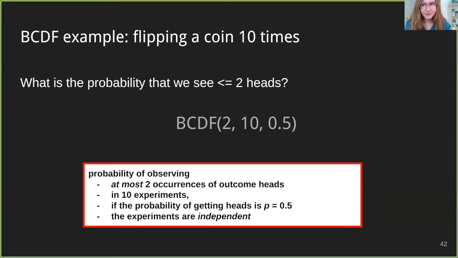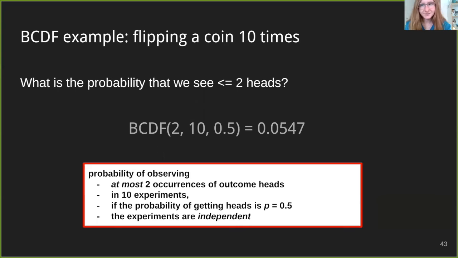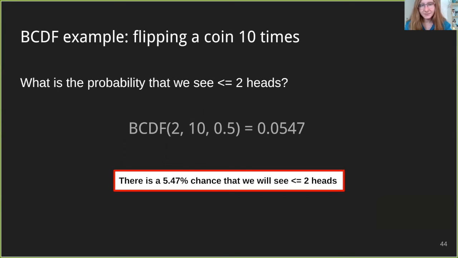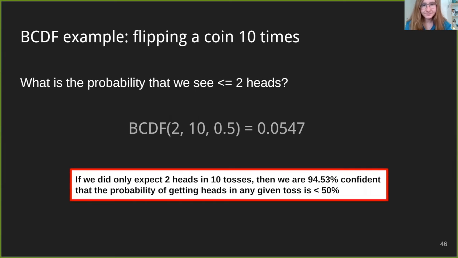So we can just put all these numbers in and we get this result back, which is interpreted as there being a 5.47% chance that we will see less than or equal to 2 heads. We can also interpret this as saying we're 100% minus 5.47%, so 94.53%, confident that we will see more than 2 heads.